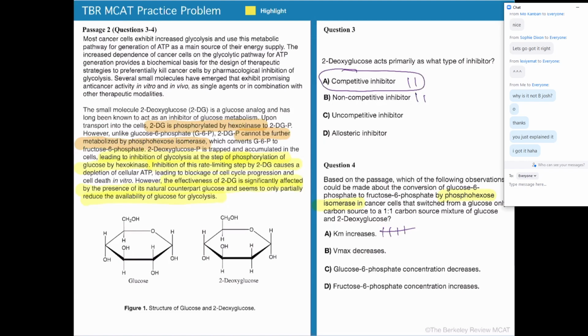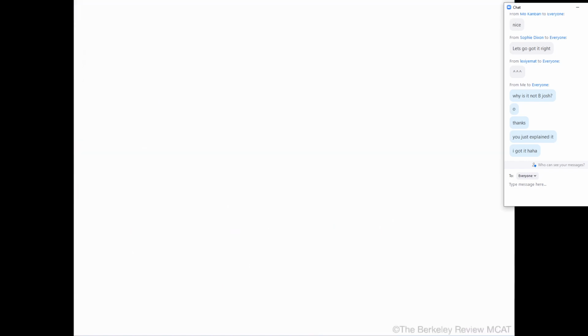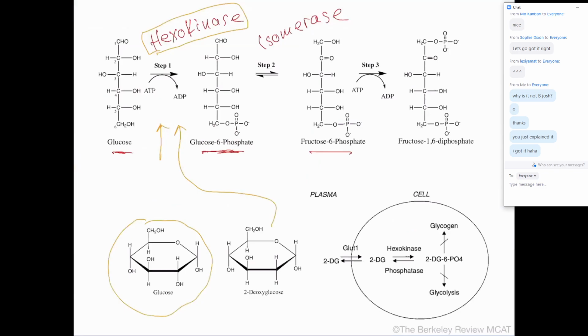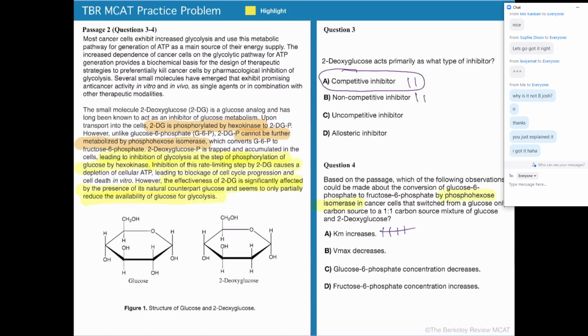So we're now talking about this enzyme. What happens to this enzyme? We know that the inhibition was occurring at this step, at hexokinase. Does the Km increase?